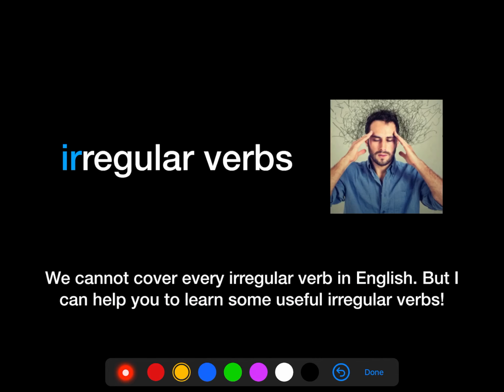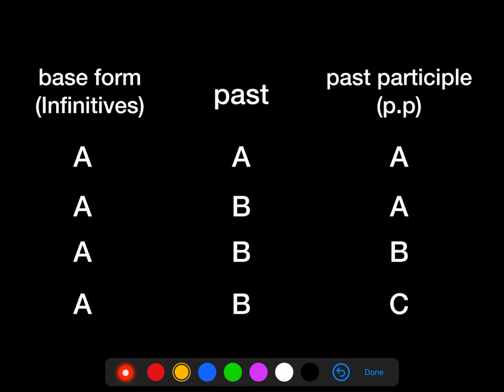In English, we have a lot of lists of irregular verbs. So we cannot cover every irregular verb in English, but I can help you to learn some useful irregular verbs. However, we have some patterns to make it a bit easier to remember and use in a real situation in your life. So are you ready?